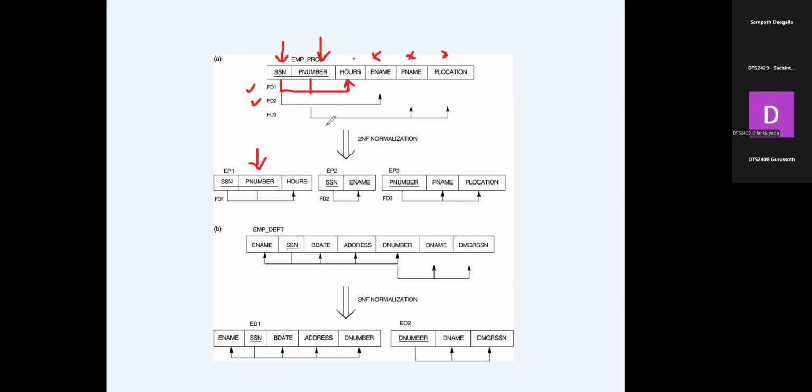So you take social security number and employee name, and social security number is the primary key. Third one, take the project number, project name, project location. Project number is the primary key. Now look at it. Here is the only place we have two attributes in the primary key, and this is fully functionally dependent. This is in the second normal form. So after this process, we can say all these three relations are in the second normal form.